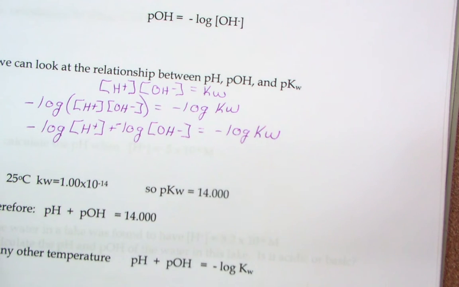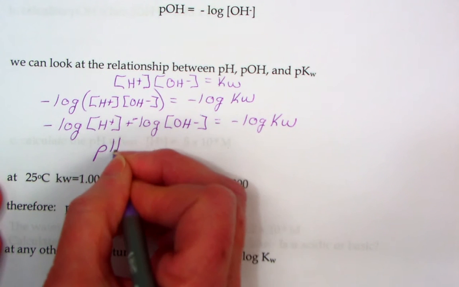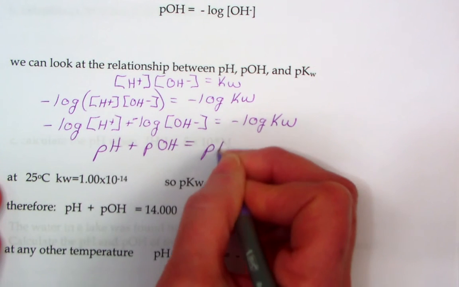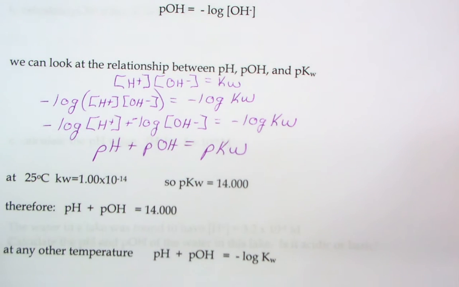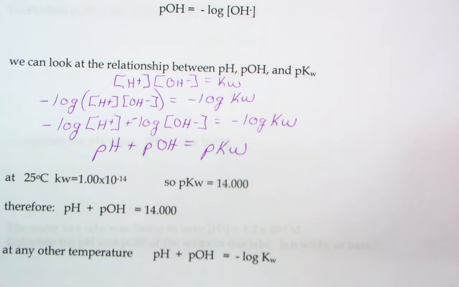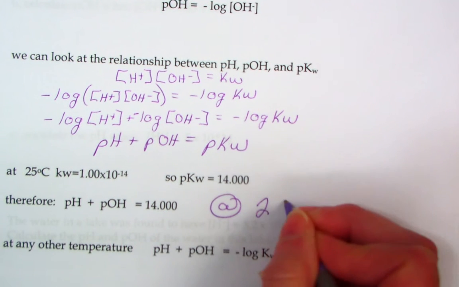So when we take these negative logs and turn them into our P functions, pH plus pOH is equal to pKw. Now, at 25 degrees Celsius, Kw is 1 times 10 to the negative 14th, so pKw is 14. So pH plus pOH is equal to 14 at 25 degrees C.